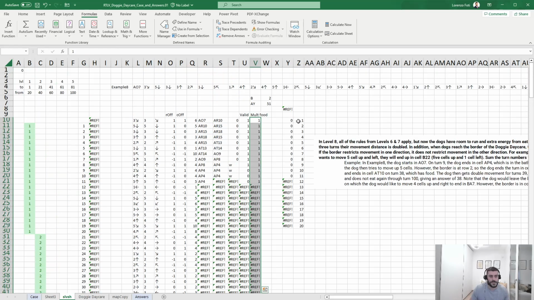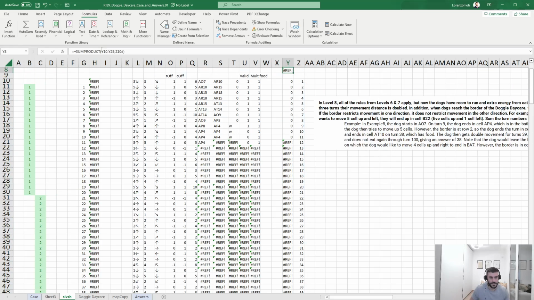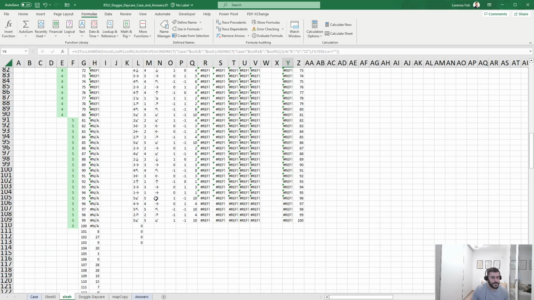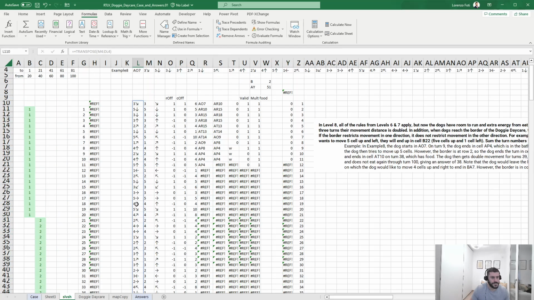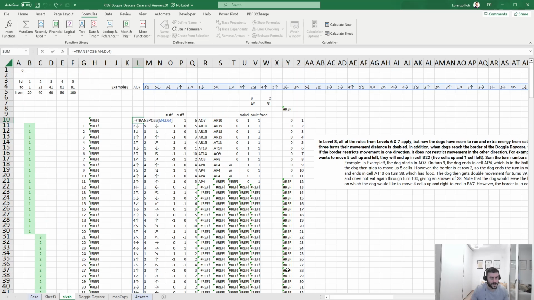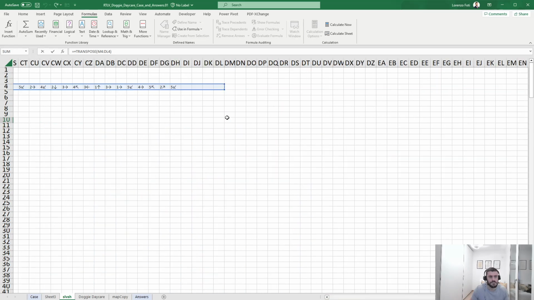I need 100 turns this time. Okay. Taking too many cells. Yes.